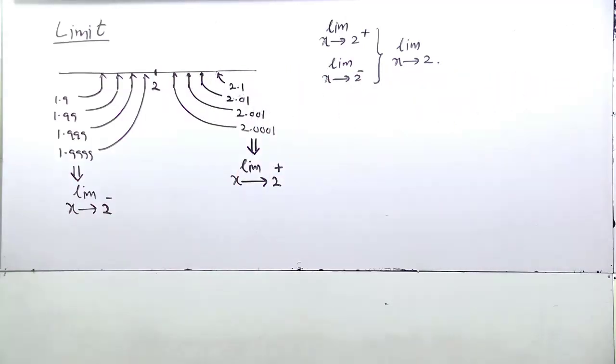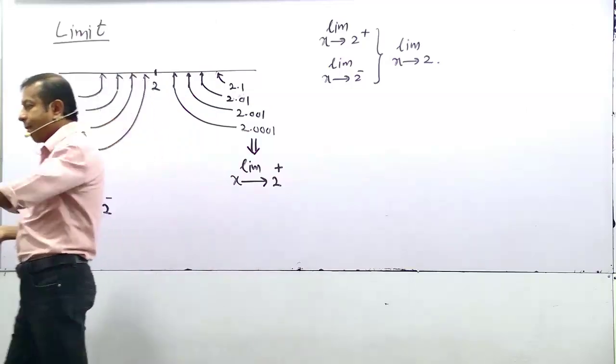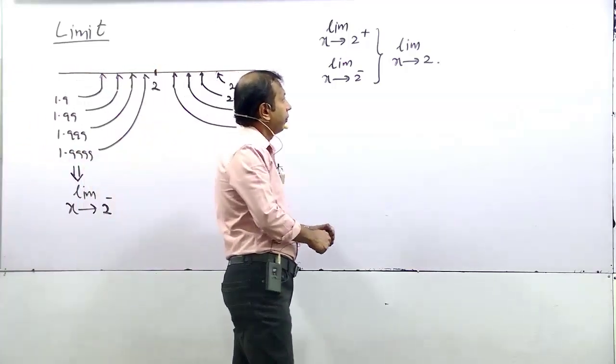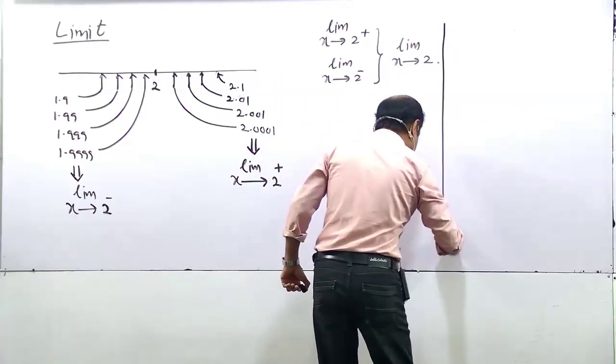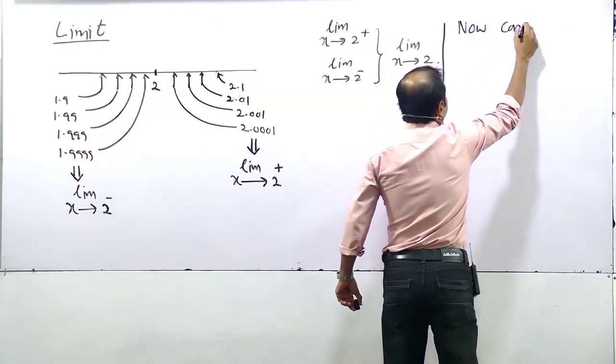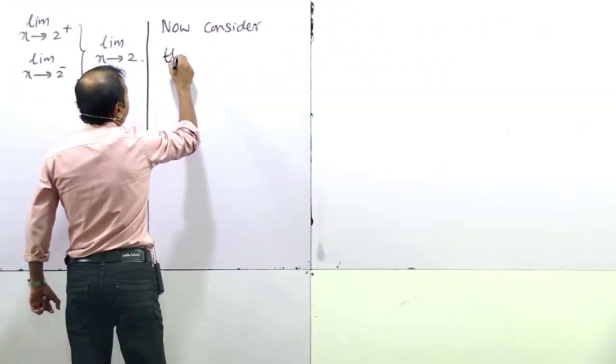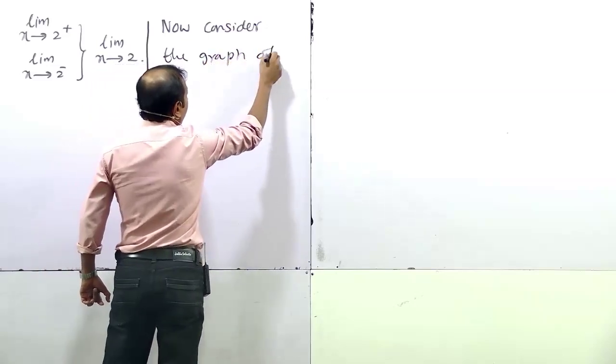Right. Now write down the next line. Now consider the graph of y equals x squared.